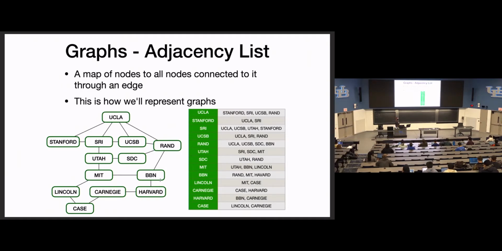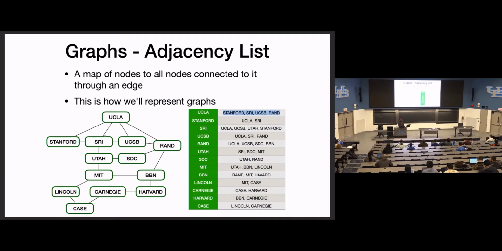So in an adjacency list, for each node, to represent all of the edges for that node, we're going to store references to all of the nodes to which it's connected by an edge. So UCLA is connected to Stanford, SRI, UCSB, and RAND through an edge. For UCLA, we're going to store those 4 nodes in the adjacency list for that node.